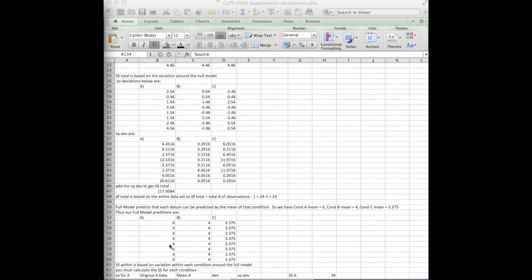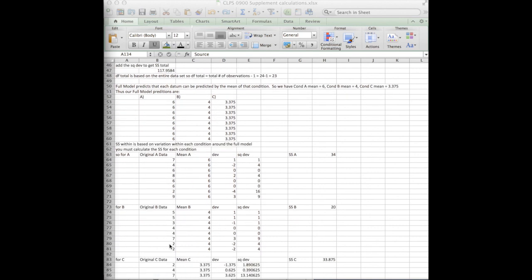Next thing we have to consider is the full model predictions. So the full model predicts that each data point can be predicted by the mean of that condition. So just remember that we had condition A had the mean of 6, and condition B had a mean of 4, and condition C had a mean of 3.375.